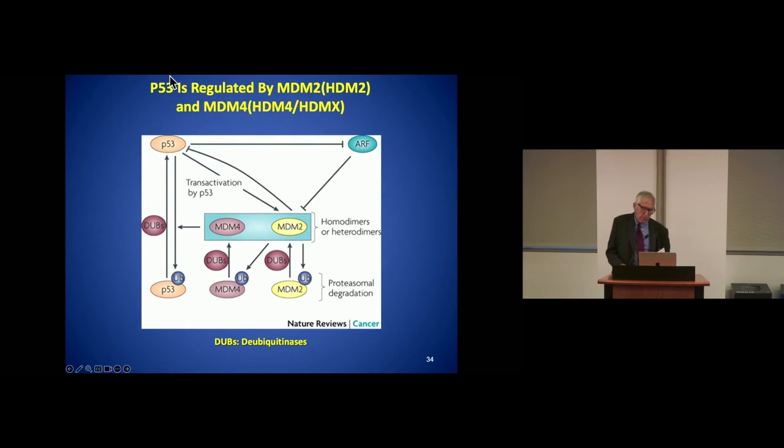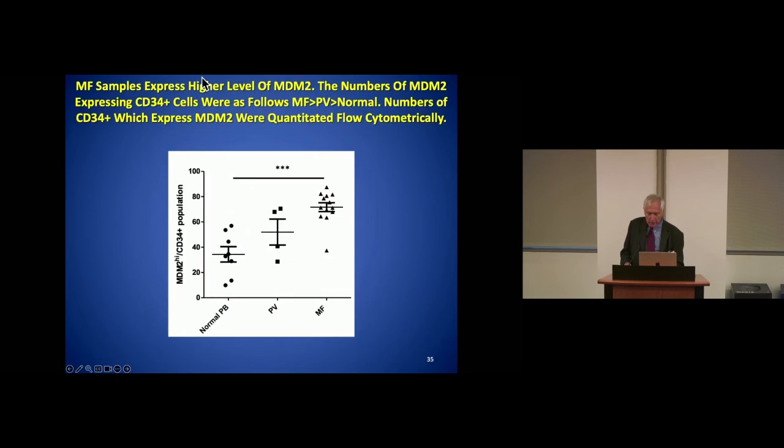Now, p53 is regulated by a number of molecules, one of which is called MDM2, and it leads to the degradation of p53. So what we showed here in this graph, you can see normal individuals, polycythemia vera patients, and also myelofibrosis. You can see that there's a stepwise increase in the amount of MDM2.